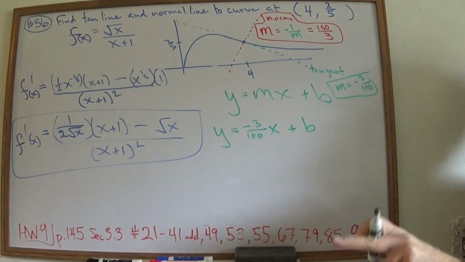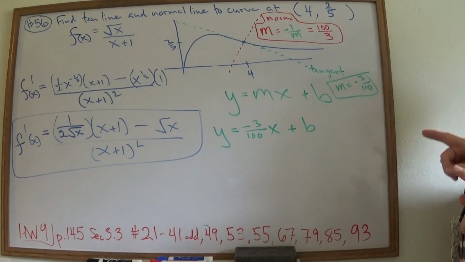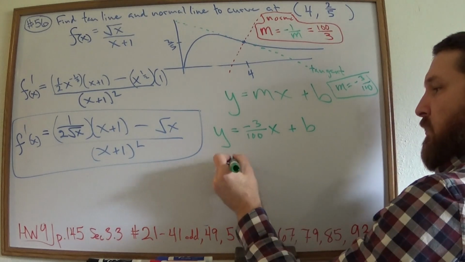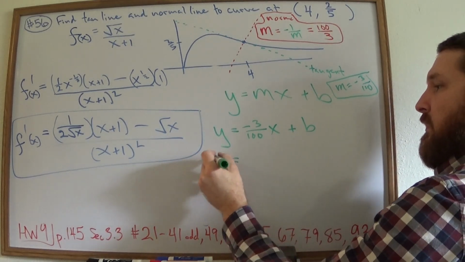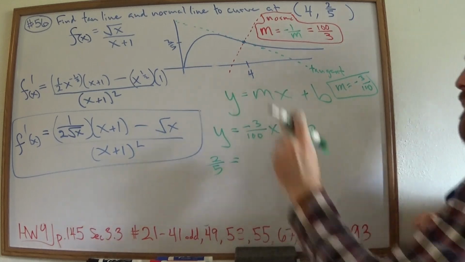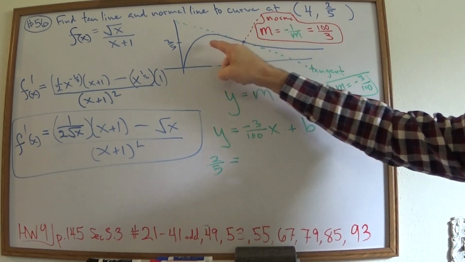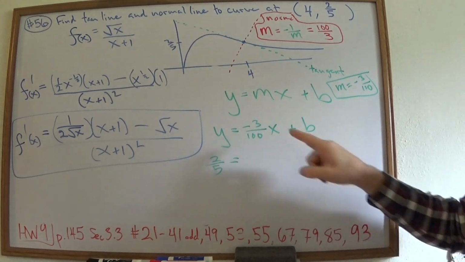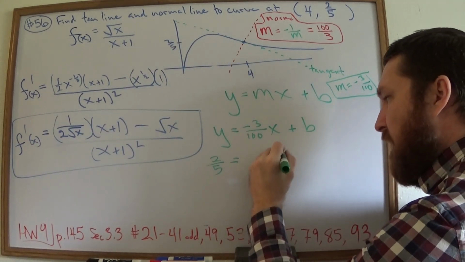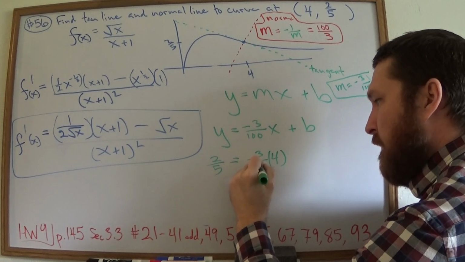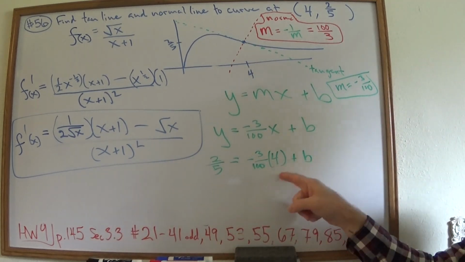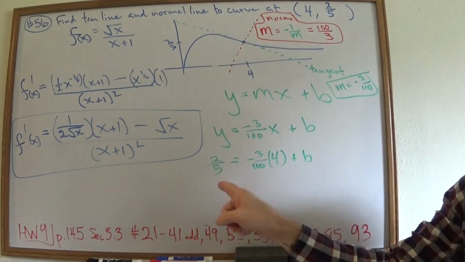Now plug x in and y in and solve for b. What do I plug in for y? 2/5, my output. So this green line, when I plug in a 4 for x, it had better pop out a 2/5 for y.